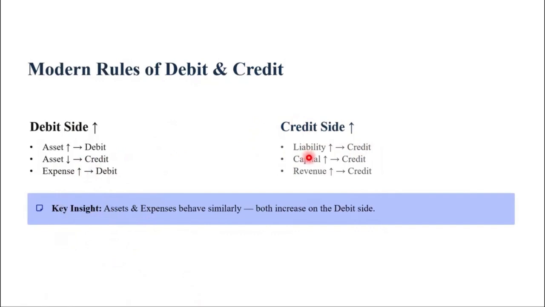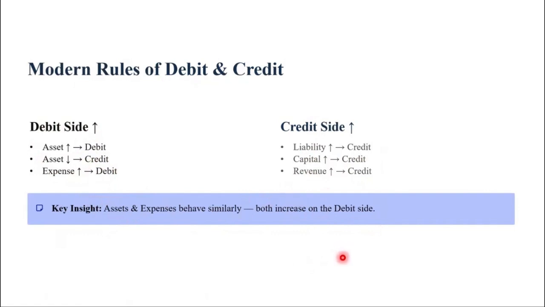Capital decrease is debited, increase is credited. Revenue decrease is debited and increase is credited. Note the pattern: assets and expenses behave similarly, while liabilities, capital, and revenue follow the opposite rule.